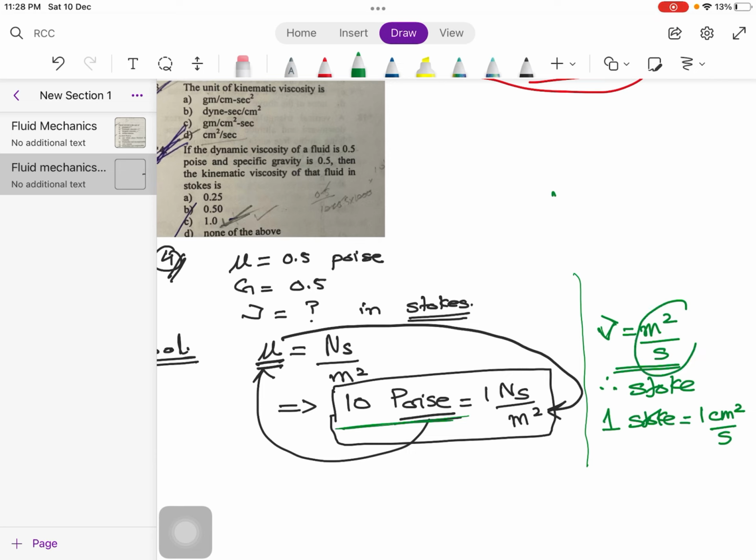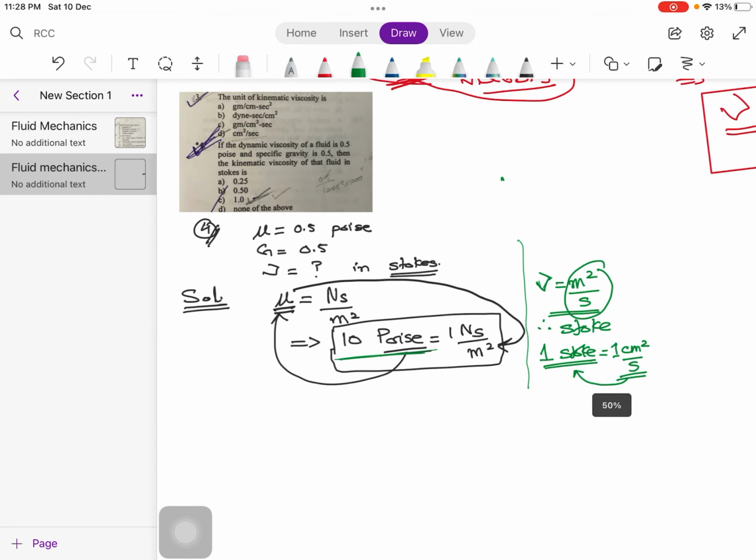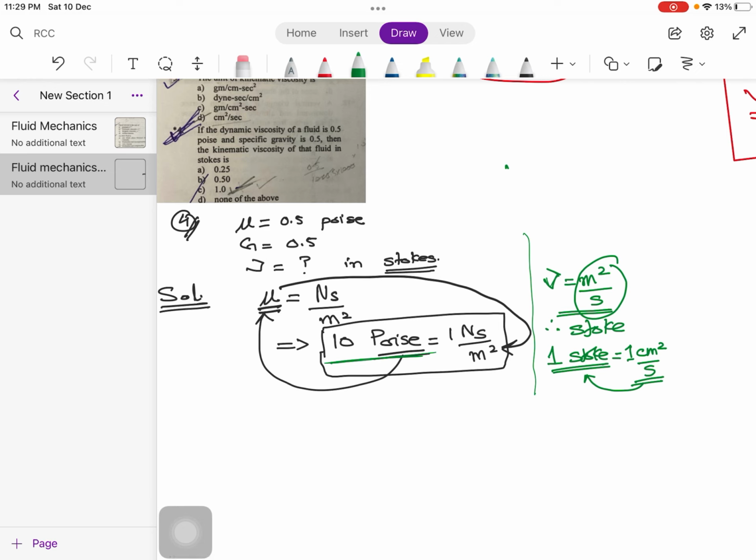So in terms of meters, it is meter square per second, and in terms of centimeters, it is 1 centimeter square per second, which is exactly a stoke. We need to keep these relations between units in mind, and then we can go ahead with the solution of this question.